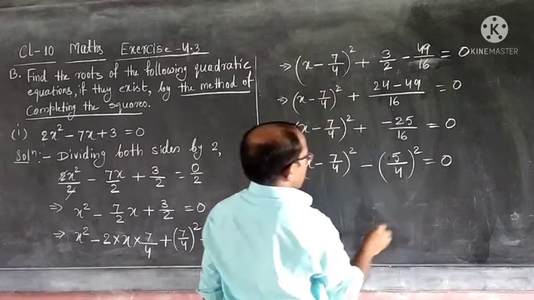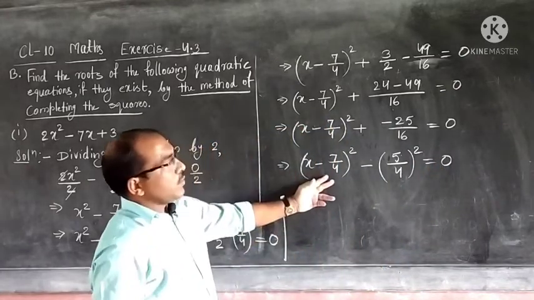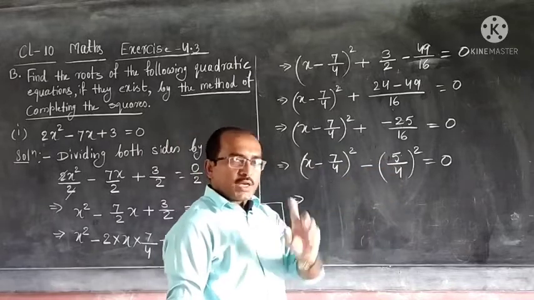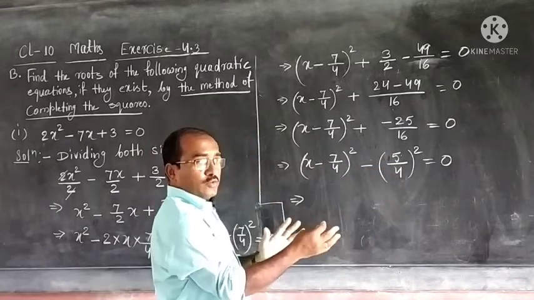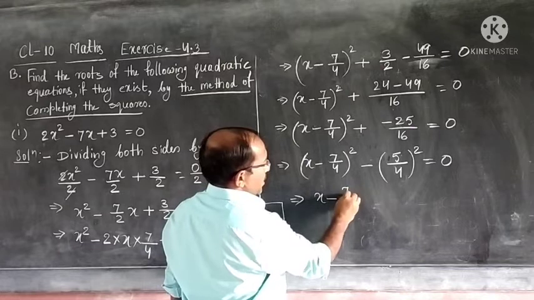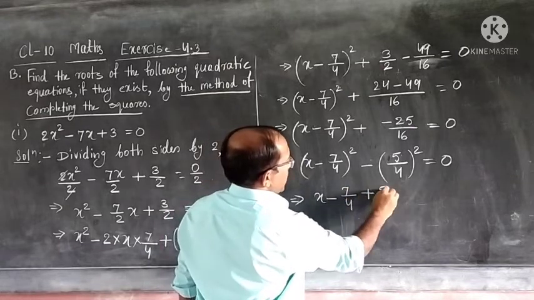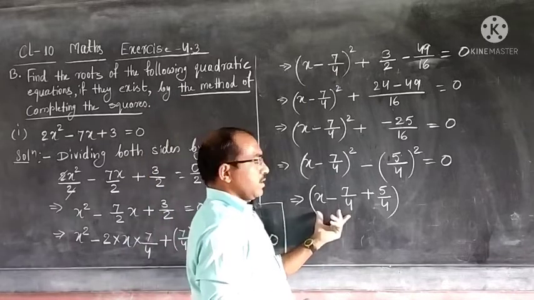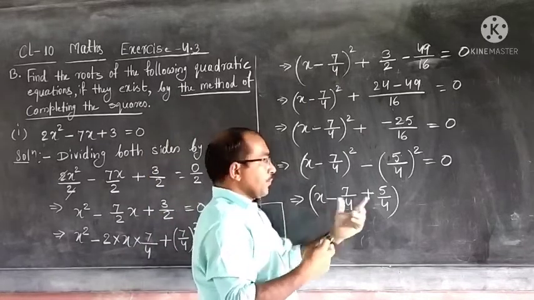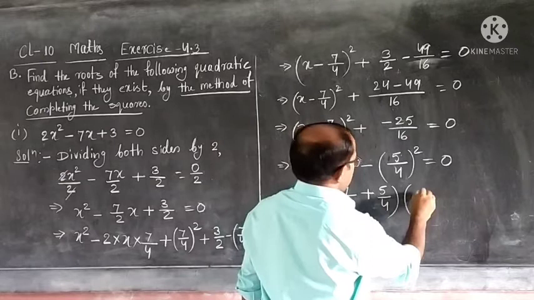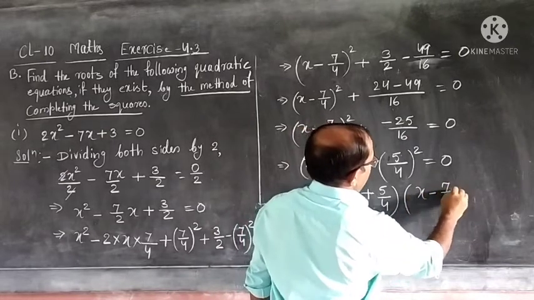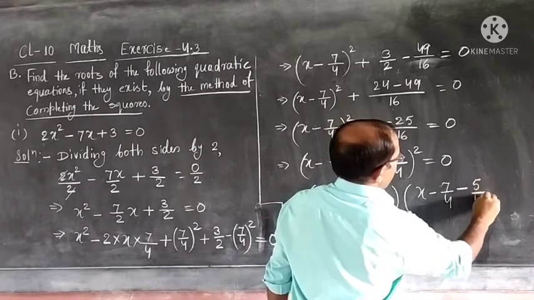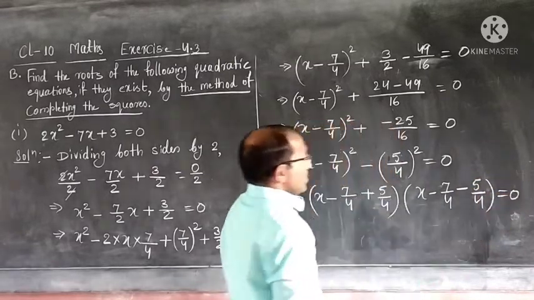Now, look at this step what we get. Once again a square minus b square, this identity is also very common, a plus b into a minus b, that means x minus 7 by 4 plus 5 by 4, a plus b, into a minus b, x minus 7 by 4 minus 5 by 4 equal to 0.